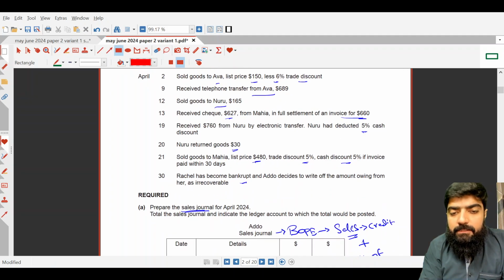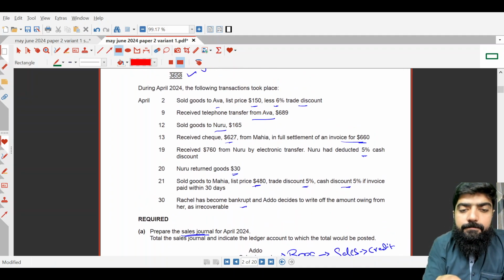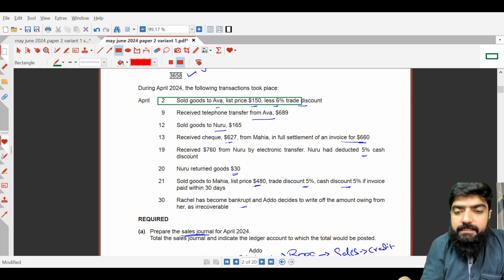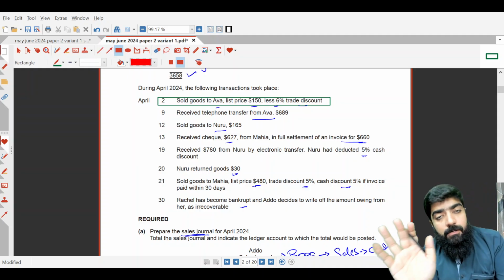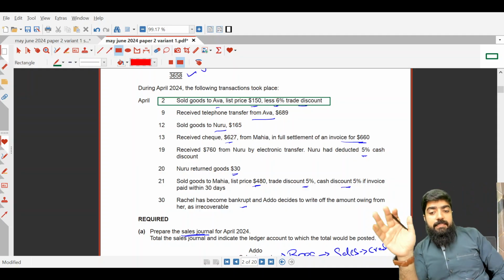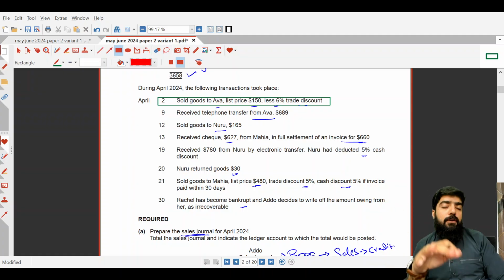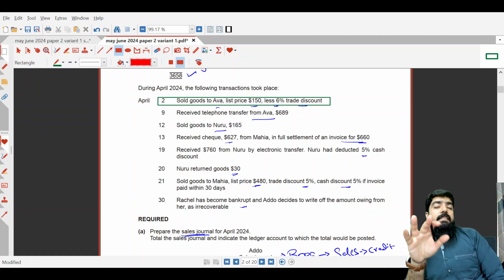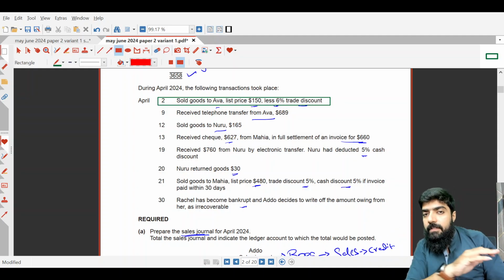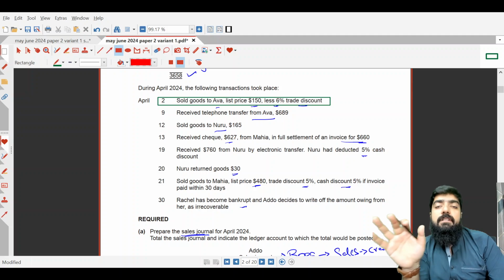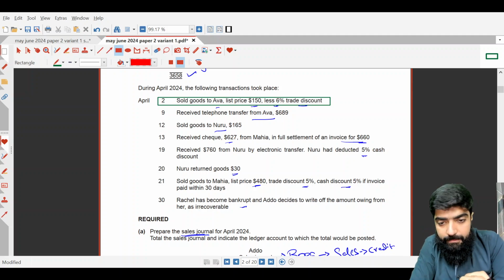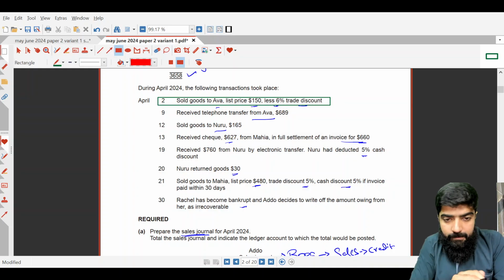Will the 2nd April transaction be recorded in the sales journal? Yes. Remember, Ammar, whenever it says sold goods for cash or for check, we consider it a cash-based transaction. Otherwise, if nothing is written, it will be considered a credit transaction. So yes, that should be recorded.